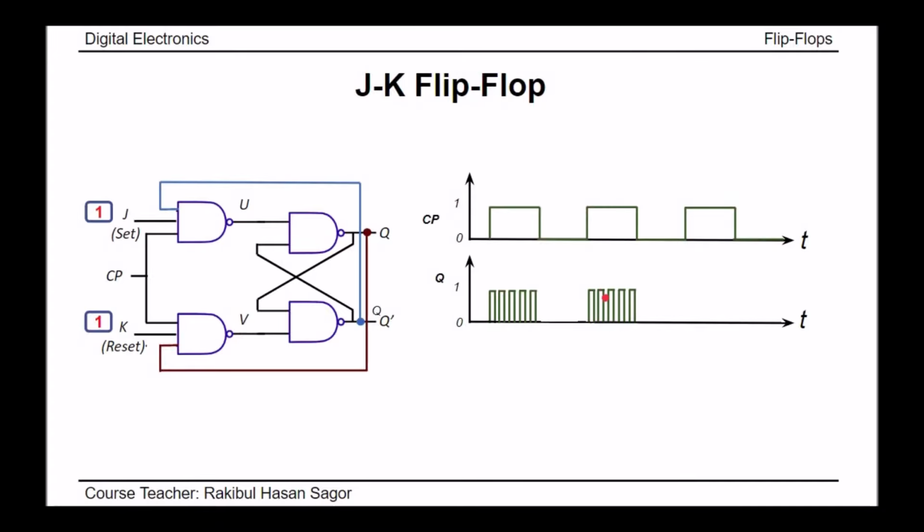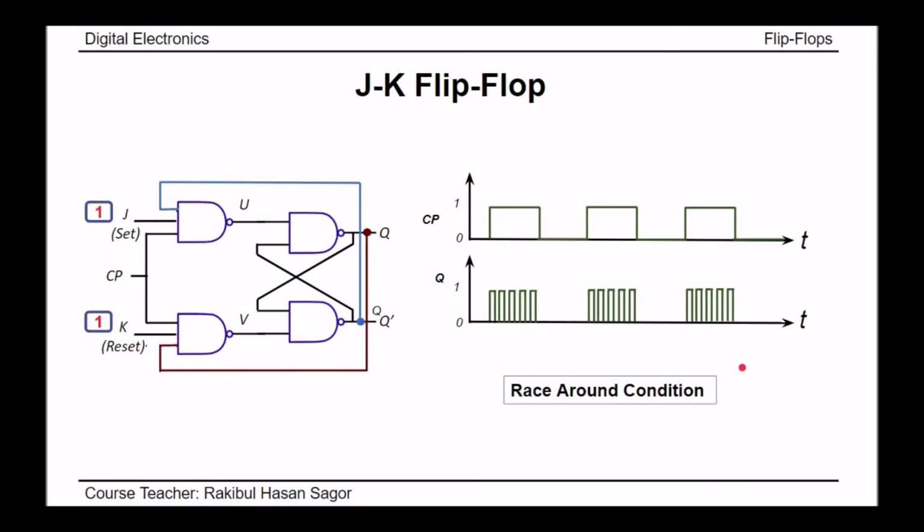It will produce a shape like this, a high frequency signal, and also this type of high frequency signal here. This frequency depends on the response time of each gate. This phenomenon is named the race around condition, which is not an expected output from a flip-flop. This is not a stable output, this is an unstable output. It keeps changing.